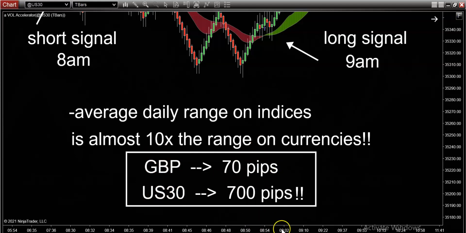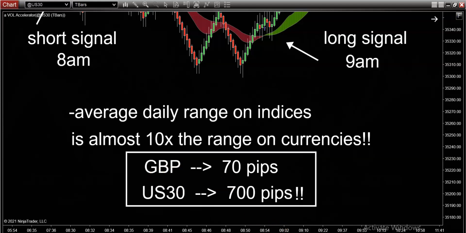Based on this math alone, I think the answer is obvious. The average daily range on the US 30 and some of those other indices just blow away all the traditional currency pairs. So it's a simple decision to make.